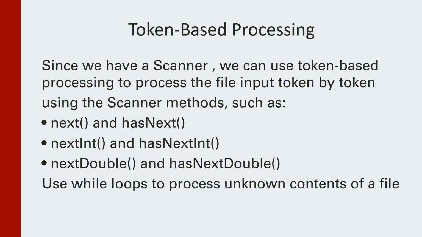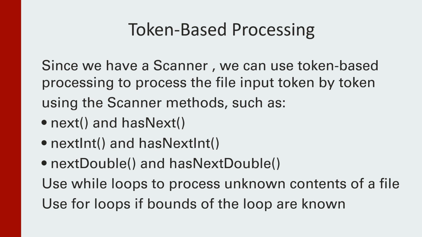Since we don't necessarily know how long a file might be, we can use while loops to process the contents until we're done, and you can use for loops if you do know how long a file is ahead of time. We can think about rewriting that example using nextInt and hasNextInt, or even with a for loop. I recommend doing that as an exercise to see what will happen.